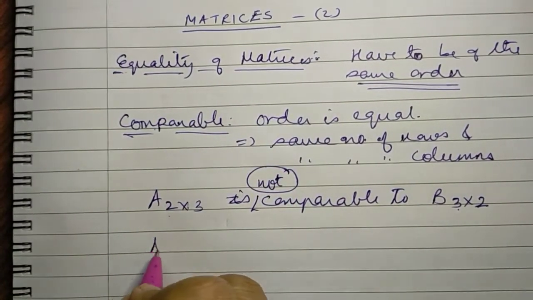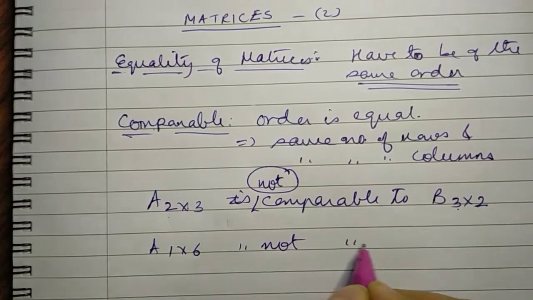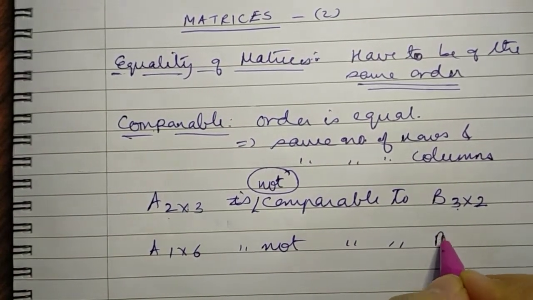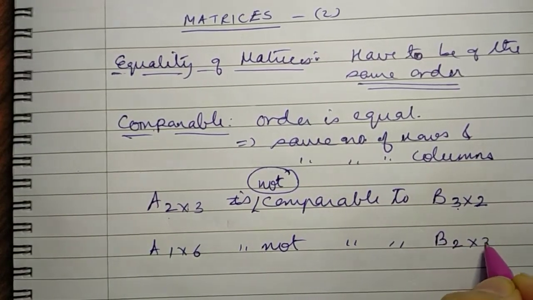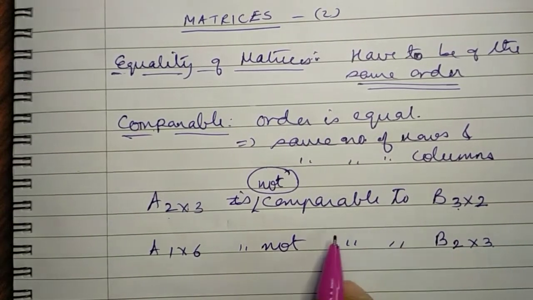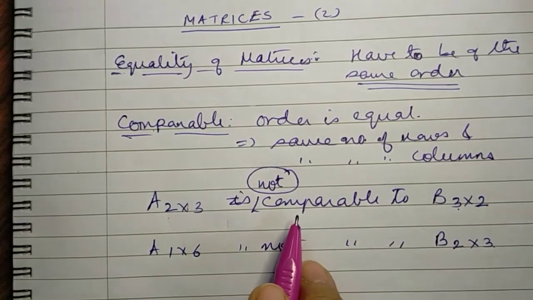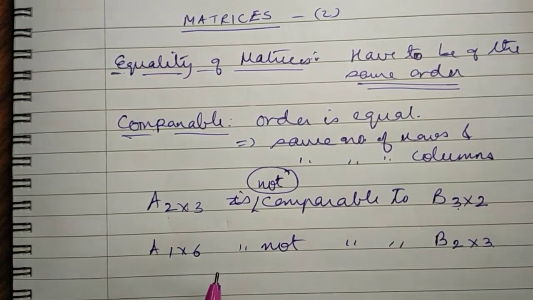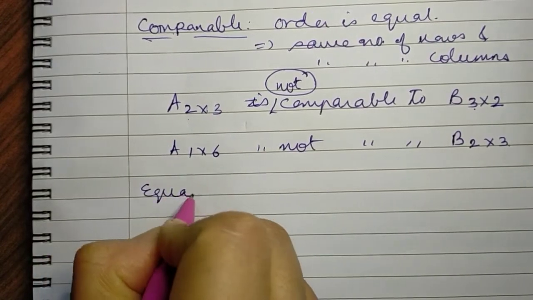In the same way, A 1 by 6 is not comparable to B 6 by 1 or 2 by 3 or 3 by 2. Even though the number of elements is same, if the corresponding number of rows and columns are not equal, they are not comparable.